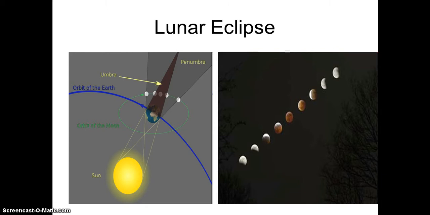Notice there are two types of shadows, umbra and penumbra. When we were experiencing our blood moon, the moon was located in the umbra. For question number 7, please tell me, what is the alignment between the Earth, Sun, and Moon for a lunar eclipse? Question number 7.